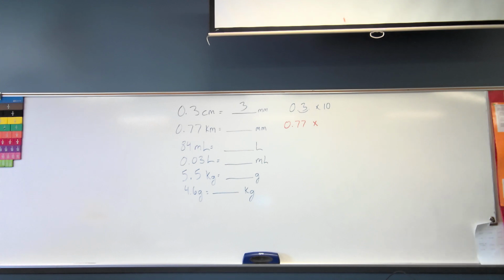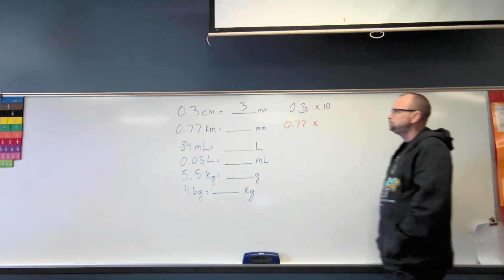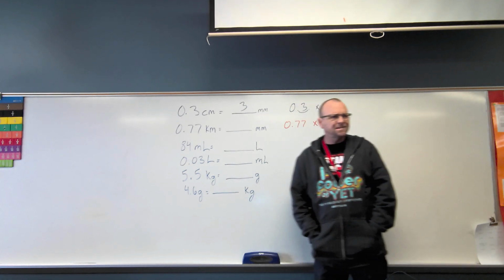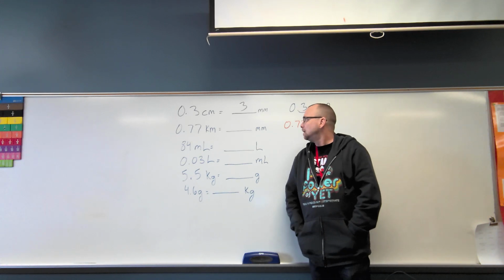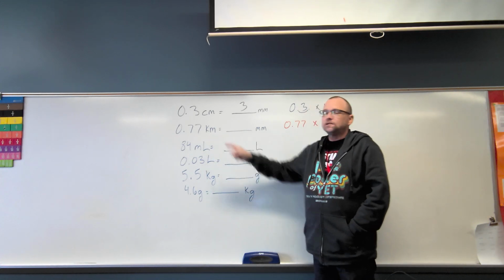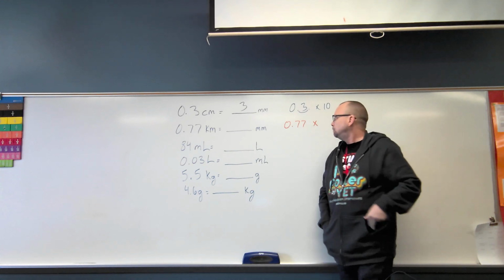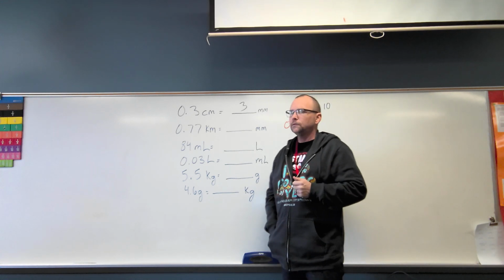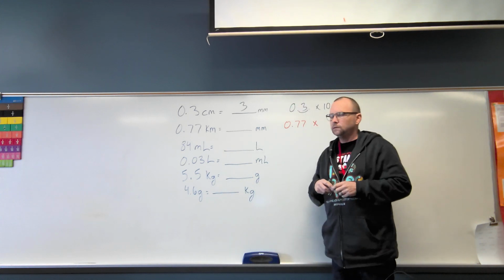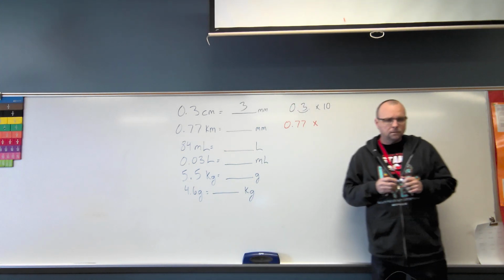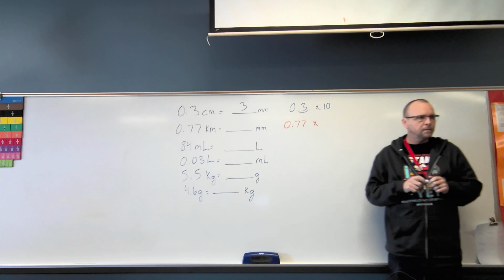What do I multiply by? It's not on your formula chart, is it? But if I go kilometers to meters, what am I multiplying by? 1,000. Meters to millimeters. 1,000.